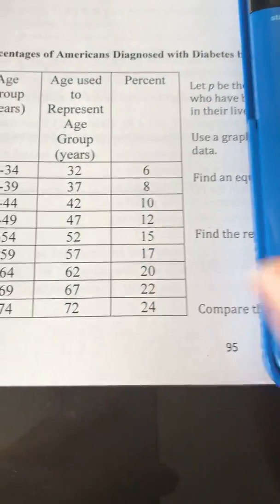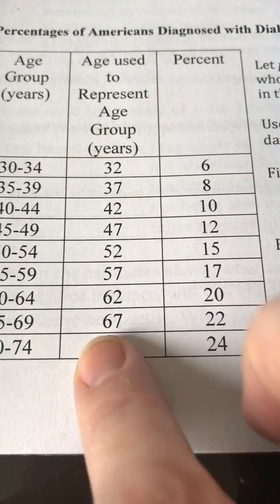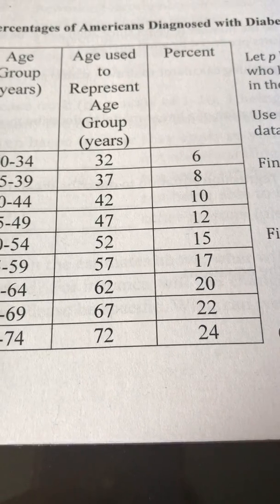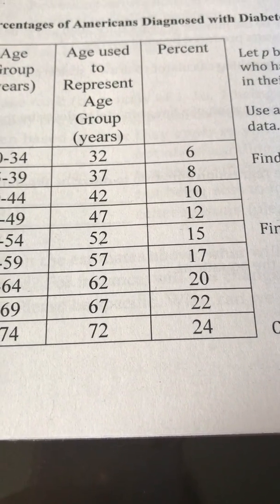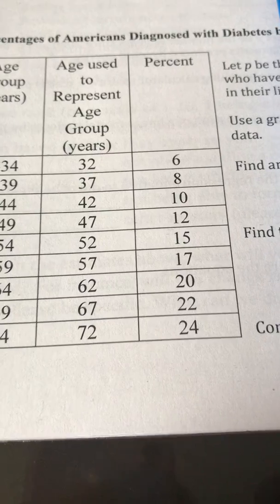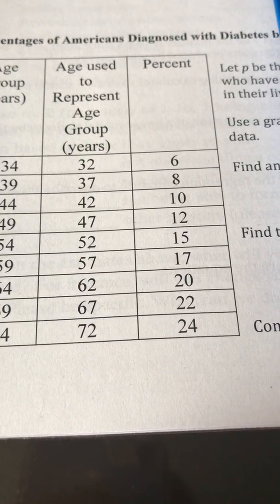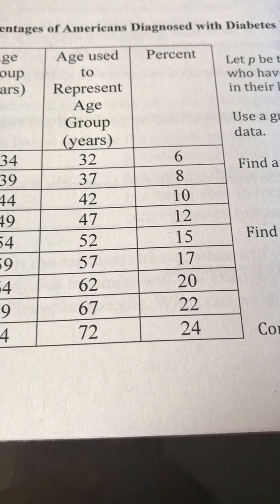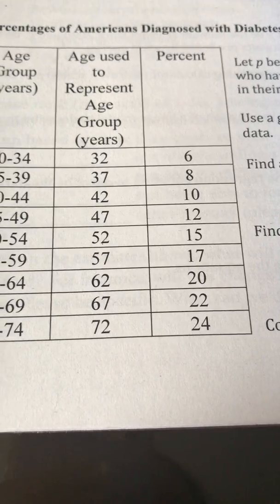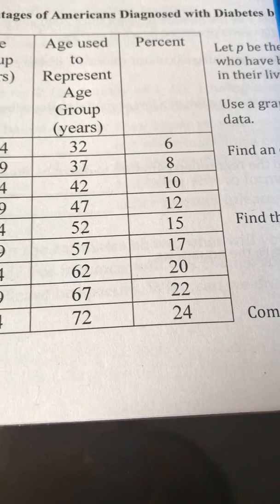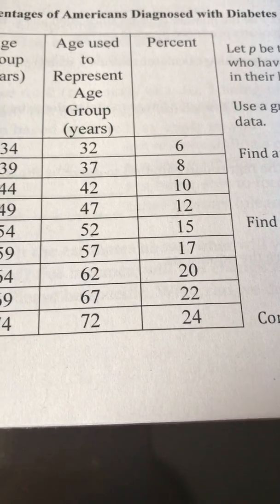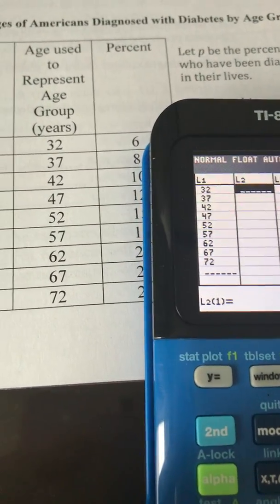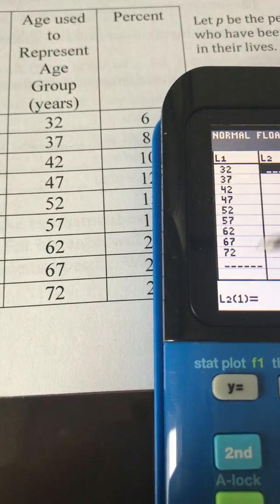Take a second to input them into your list 1. You should have list 1 input, all the way up to 72.